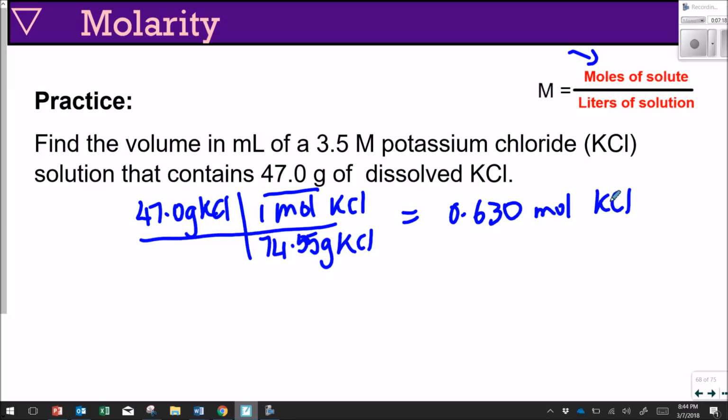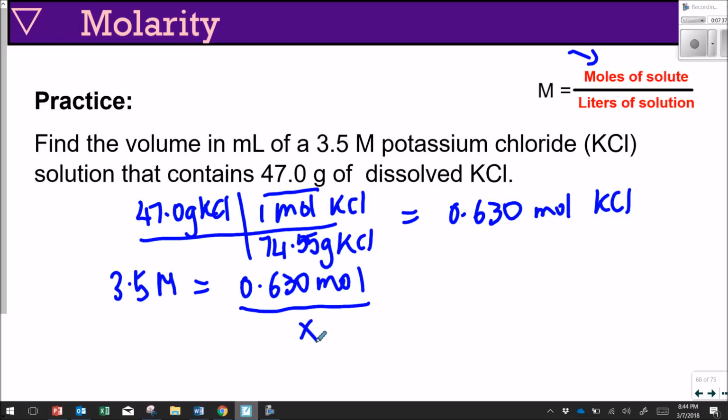Now I can plug it into my formula to find the volume. So I'm going to say molarity, which is 3.5 molar, equals the moles, 0.630 moles, divided by the liters. I don't have the volume, so I'll put X here.